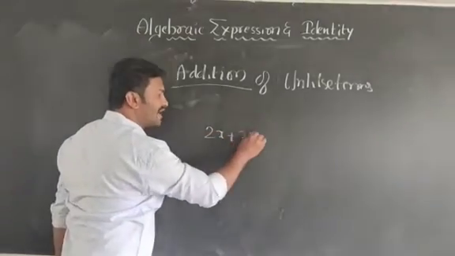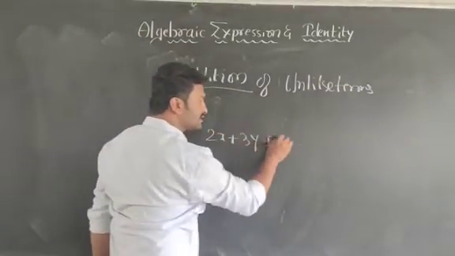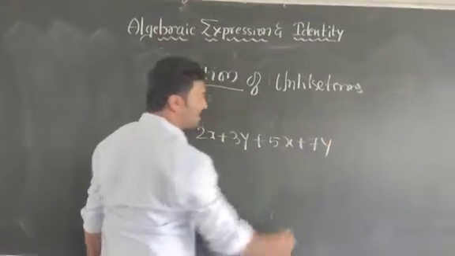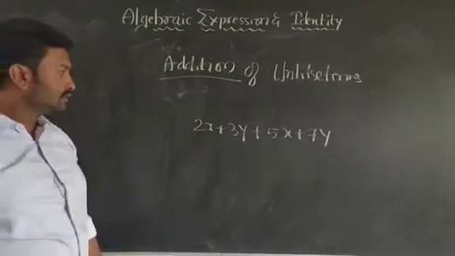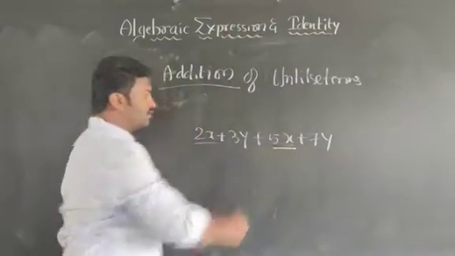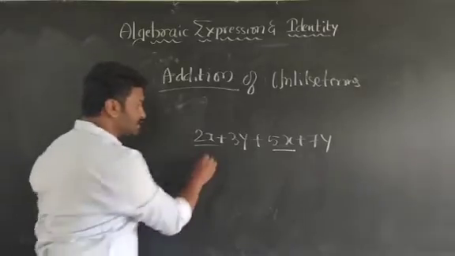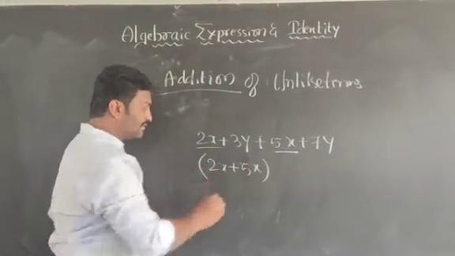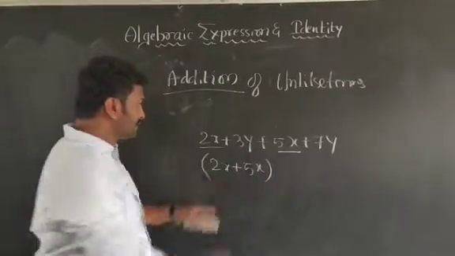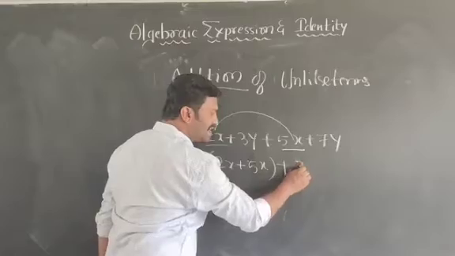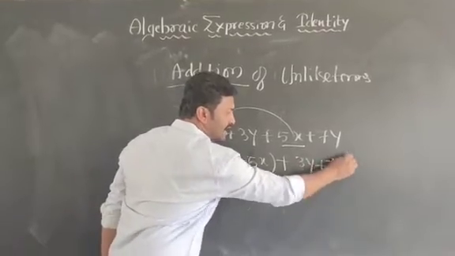One more example for addition: 2x plus 3y plus 5x plus 7y. How to add? First, I'll do the same terms. 2x plus 5x. Next, 3y plus 7y.